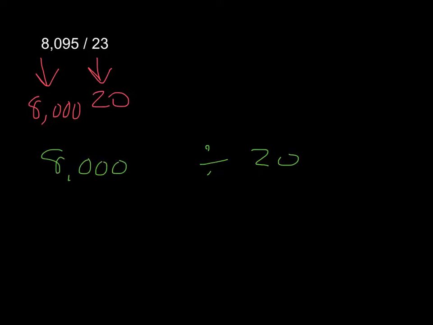I know that I can break this down a little bit. If I wanted to divide 20 by 10, I could. And I'm going to do that to both sides. The reason being is that it makes it a little bit easier to work with. And what I do to one side, I have to do to both sides.